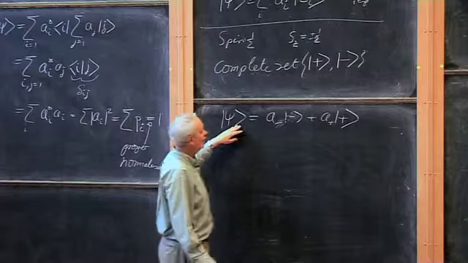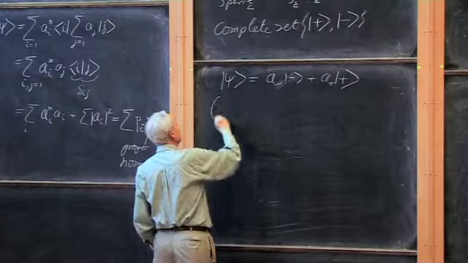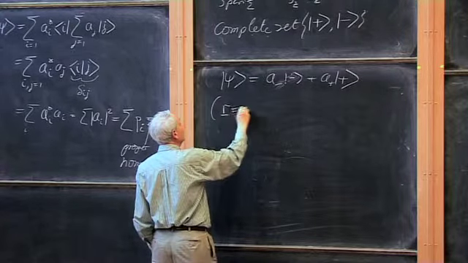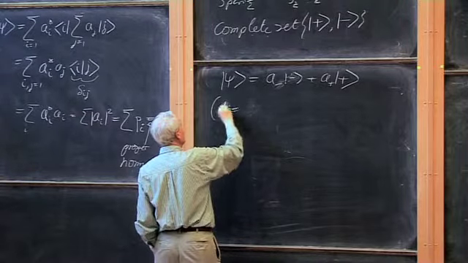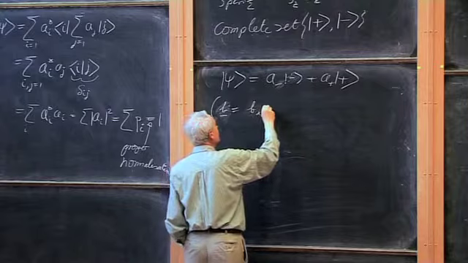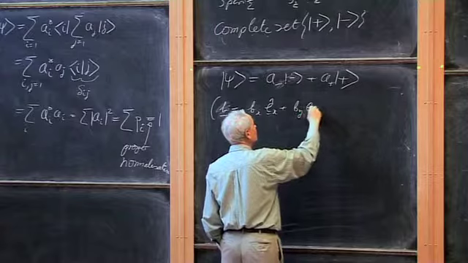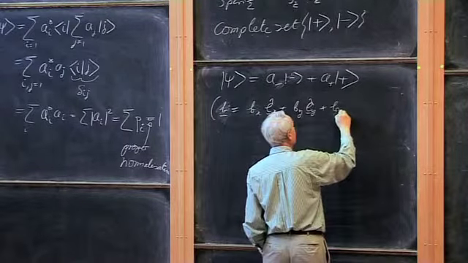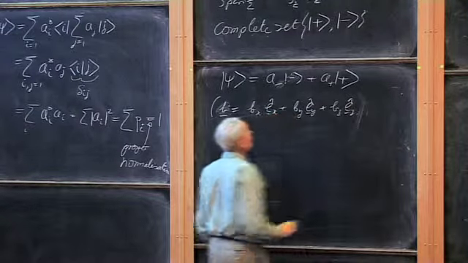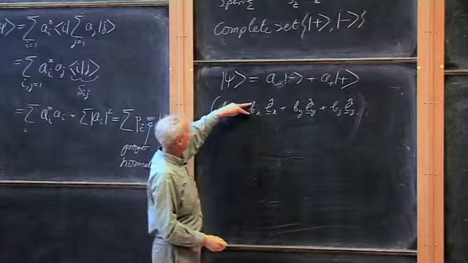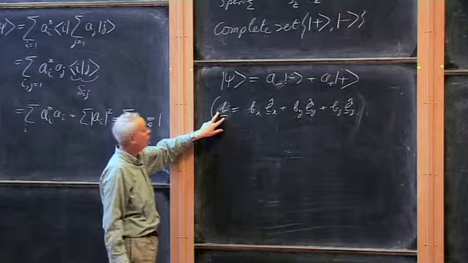And in just the same way that I might, in ordinary vectors, write that the vector B is equal to Bx Ex plus By Ey plus Bz Ez, where here I've got three real numbers, Bx, By, and Bz, which are the components of B in some particular coordinate system.